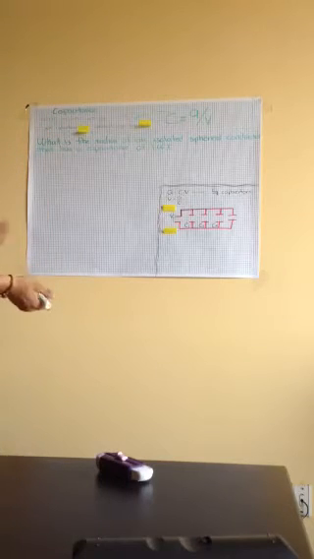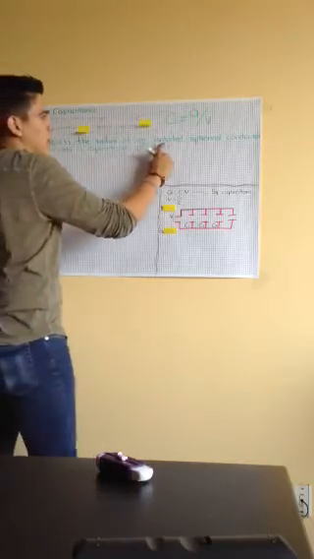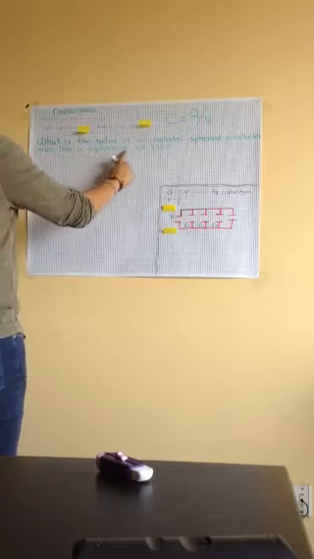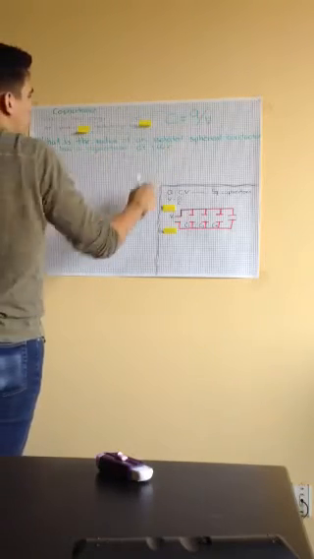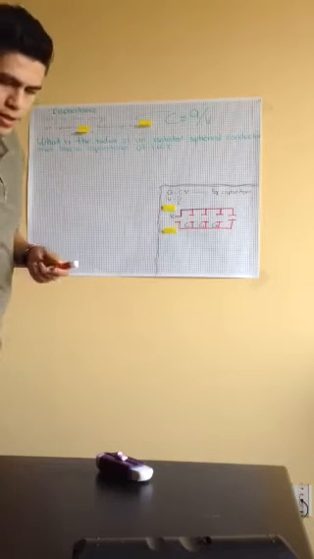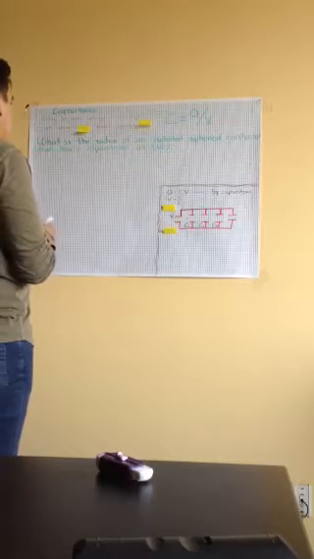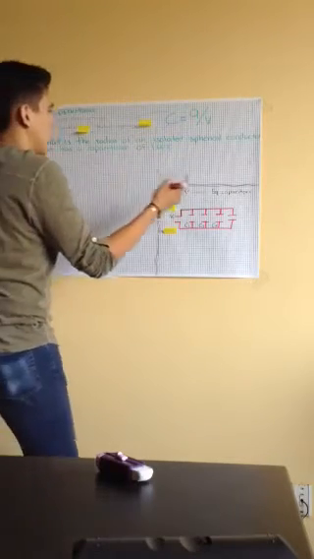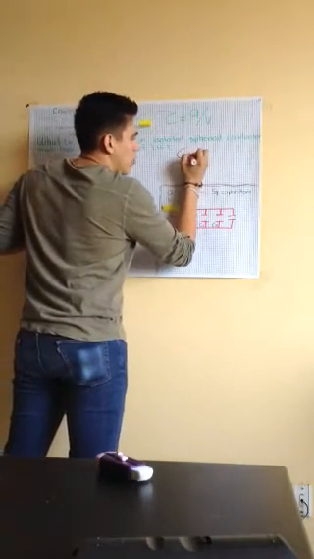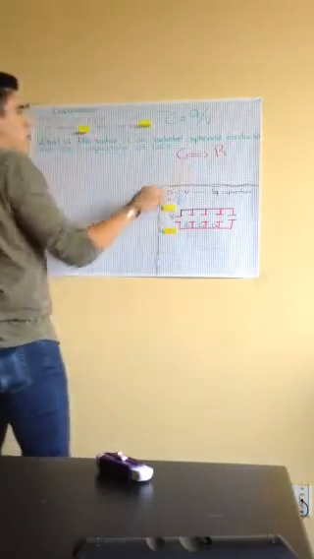Okay? So I have a problem over here that says: what is the radius of an isolated spherical conductor that has a capacitance of 1.00? In this case we know that the capacitance is directly proportional to the radius, so we can say that these are proportional.